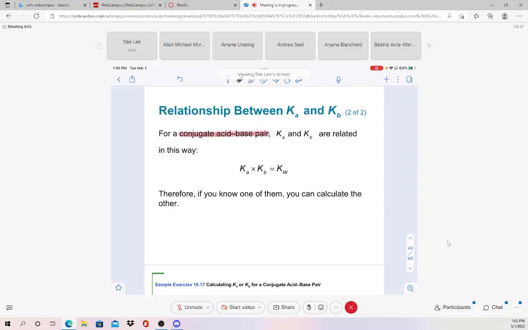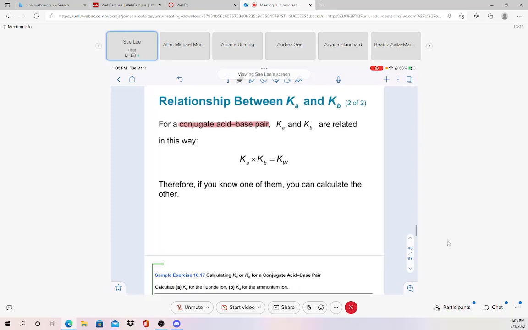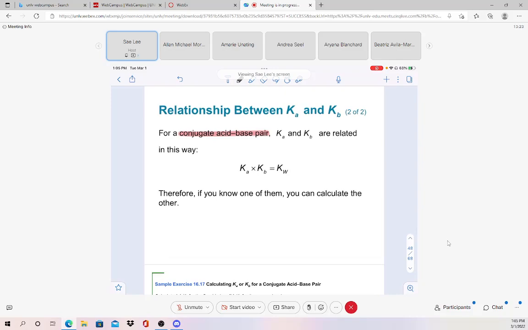This is the equilibrium constant for water.